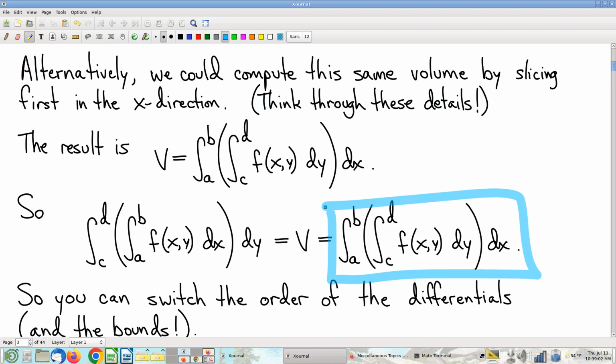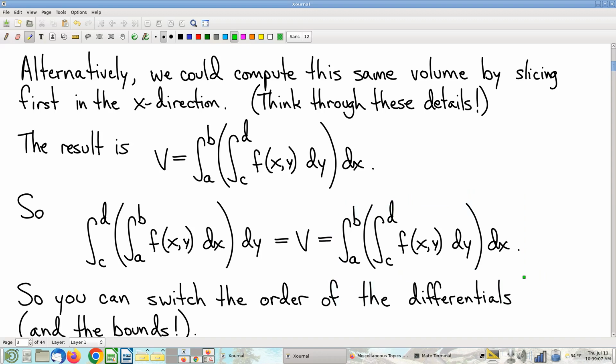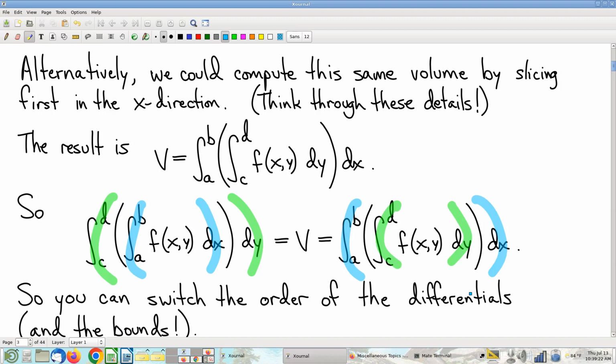And now there's a happy coincidence here, and that is that if you look at this answer, compare it to the answer we originally had, which is right here, notice that the dy integral that had been on the outside is now just on the inside. Huh, weird. How about that? And then the dx integral that had been on the inside, well, it's on the outside now. It looks like all we did was this, right? And notice we're changing both the order of the differentials, and we're also changing, likewise, the bounds.